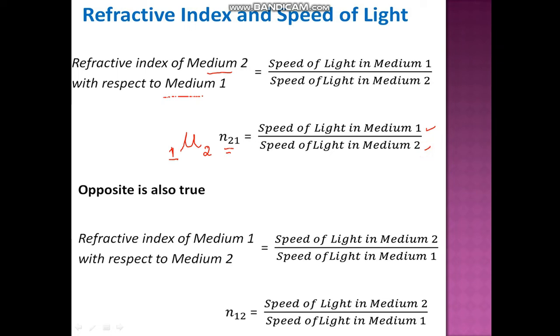It can also be written as N 2 1. This will indicate that it is the refractive index of the second medium with respect to the first medium. Now the opposite is also true. That means if the light travels from medium 2 to medium 1, then the refractive index will be given as speed of light in medium 2 upon speed of light in medium 1.